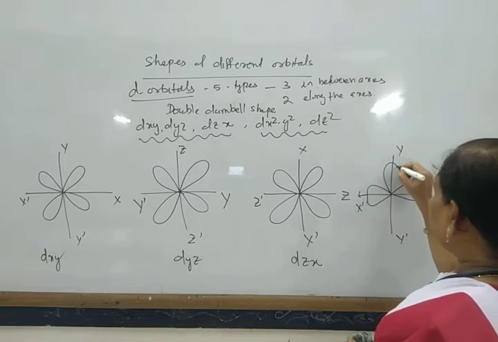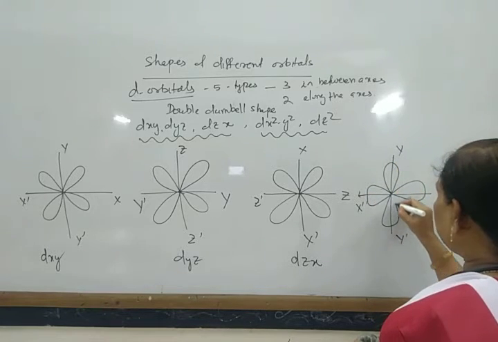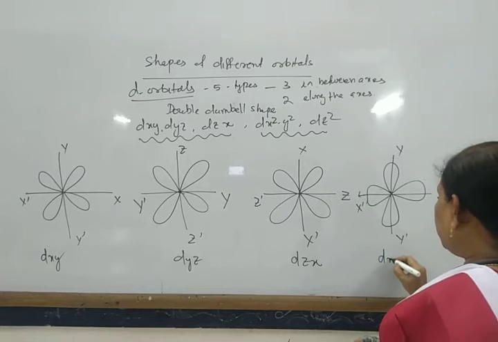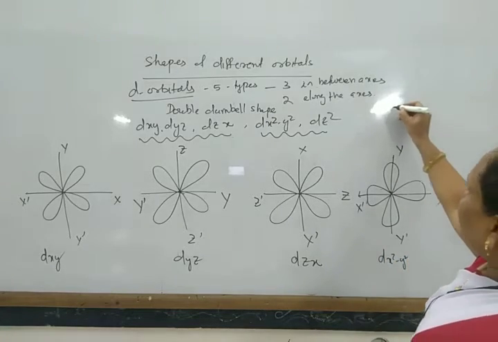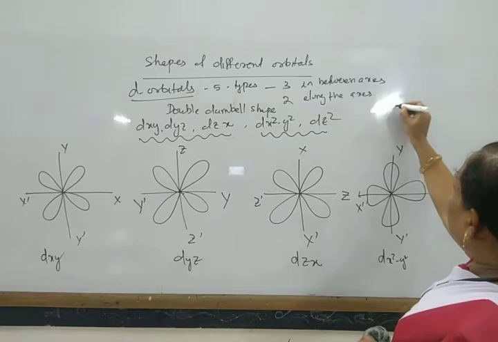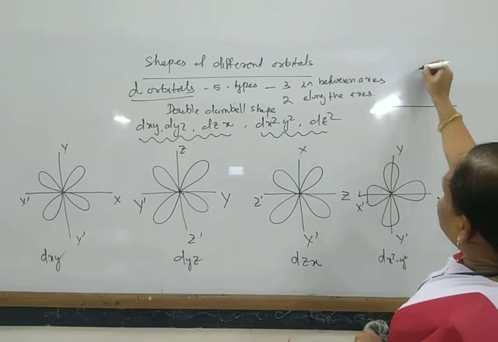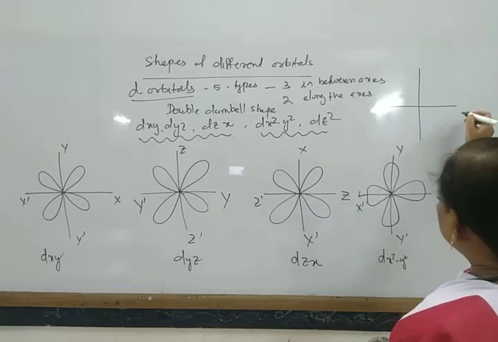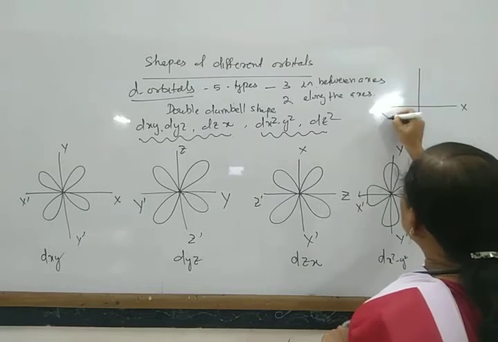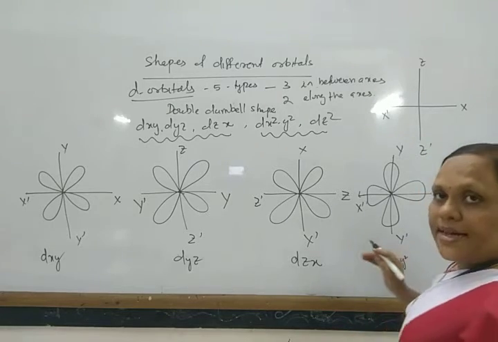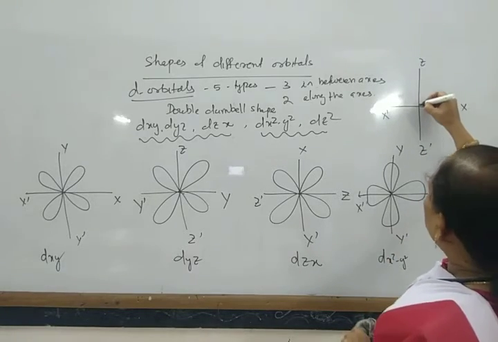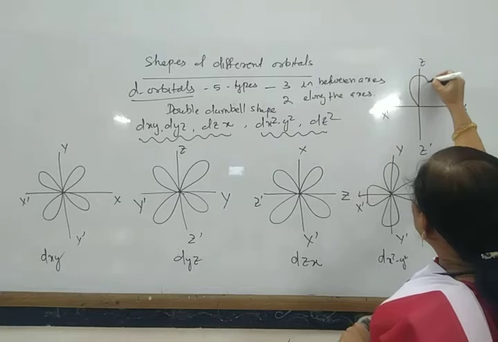So this is dx square minus y square and another dz square. The dz square remains along the z axis. Suppose this is x, x dash and z o z dash, and this remains only on the z axis.